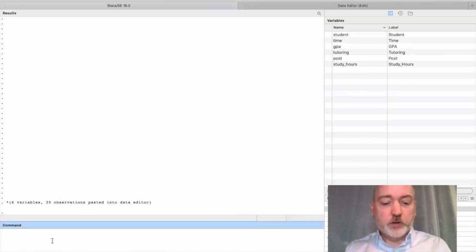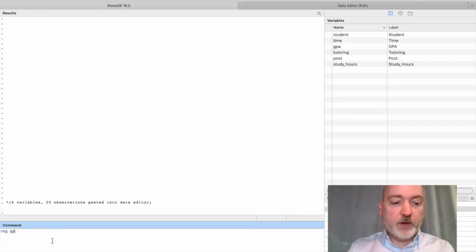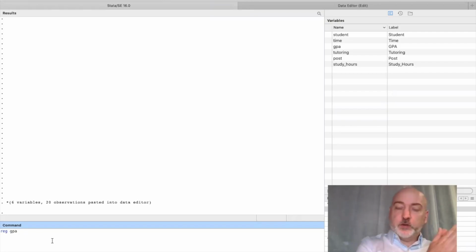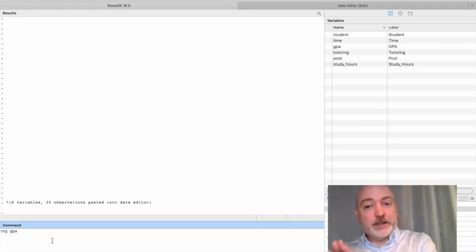So our regression is going to look something like this. We're going to regress our Y variable, GPA, and what we want is the estimated coefficient on the time dummy variable, our post-treatment indicator, and our treatment group indicator, that tutoring variable, and the interaction.